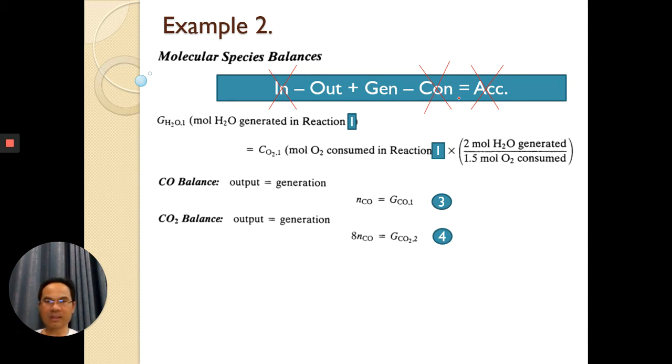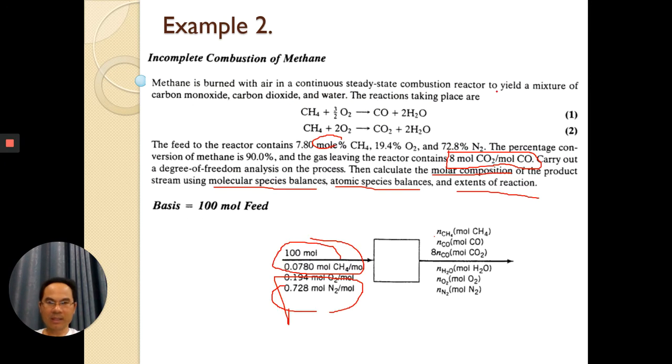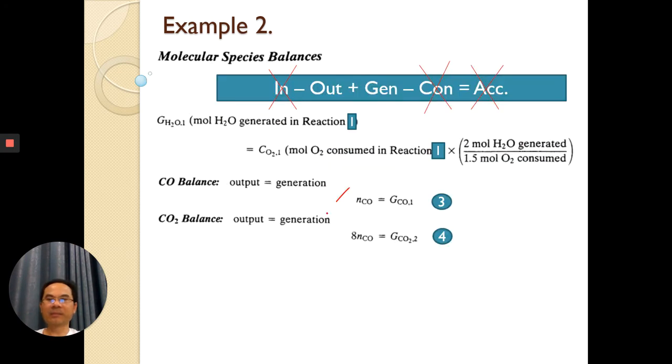If you consider water, water is a product, and there is no water in the feed. No water consumption because water is a product. So for water there is no input, and output plus generation balance gives output equal to generation.